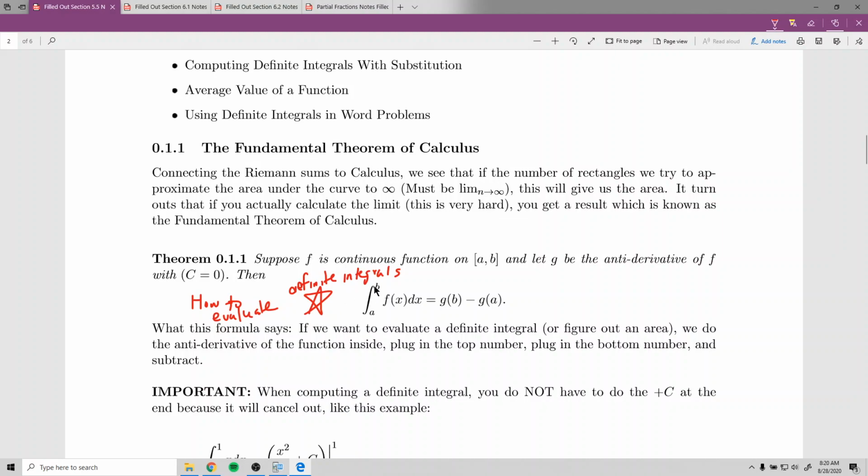Then it says the definite integral from a to b of f of x dx equals g of b minus g of a. What this says in words is we do the antiderivative of the function inside. This is just what we did before, but we don't have to write the plus c.